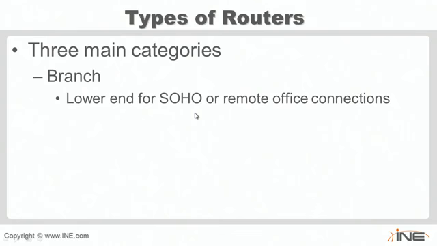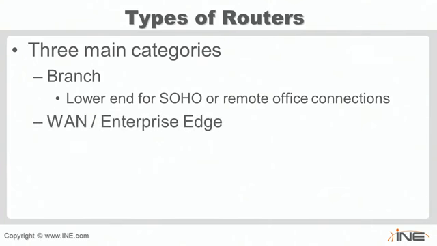Maybe this is what you have connected to your cable modem or to your DSL modem. And then this is going to get us to our main offices, which are typically connected by what's known as the WAN routers, or the enterprise edge.